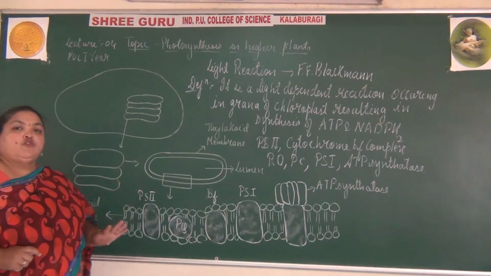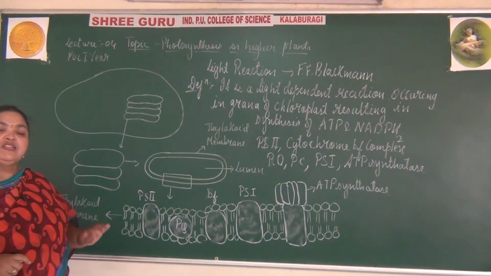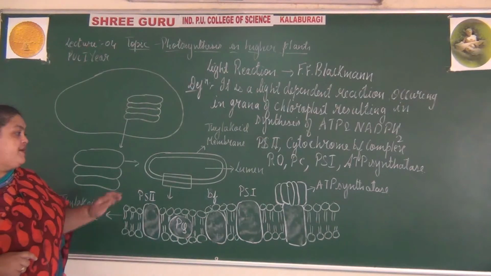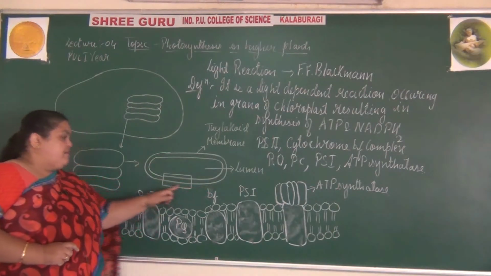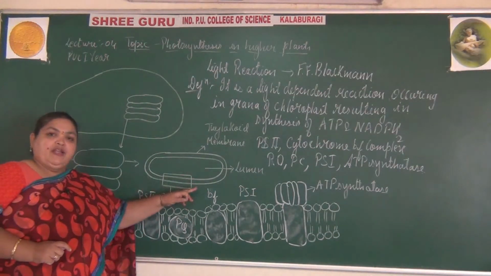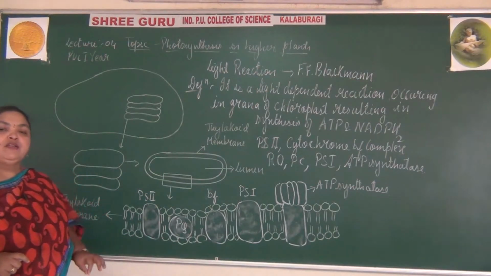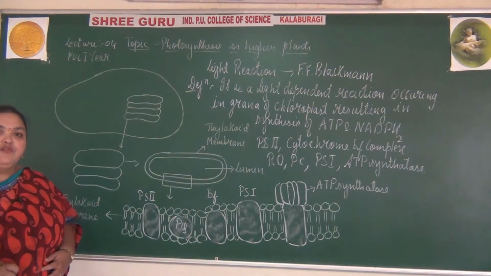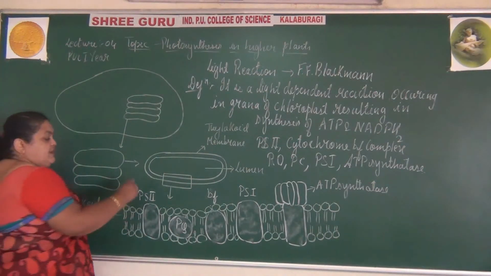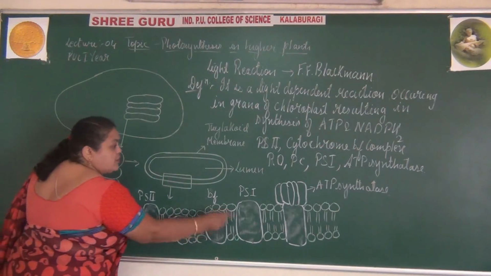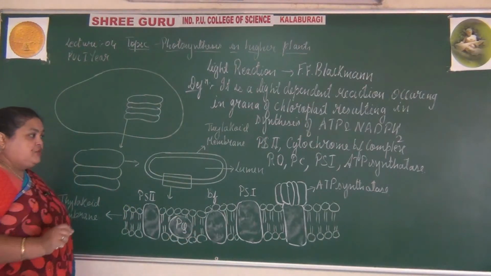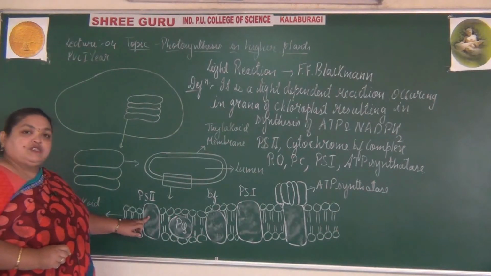Here the four complexes are the protein complexes present in the membrane of the thylakoid, which are mainly meant for the process of photosynthesis. The membrane has the four complexes, and those are photosystem 2.